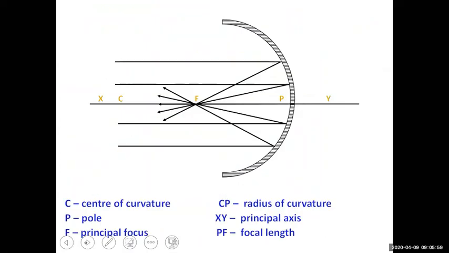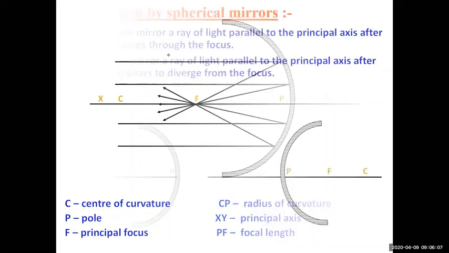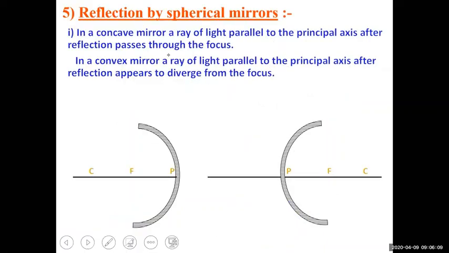Then this is what we have seen, pole, focus, center of curvature, everything is shown in this diagram. Okay, and then the rules, we had 4 rules in the mirror part. Okay, first rule.